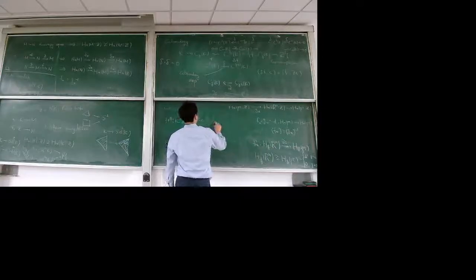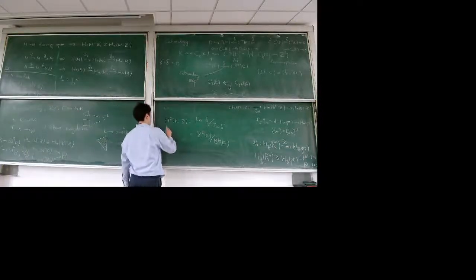One can define the cohomology of K as the kernel of delta divided by the image of delta, precisely on Z^q. This is called the cohomology group.